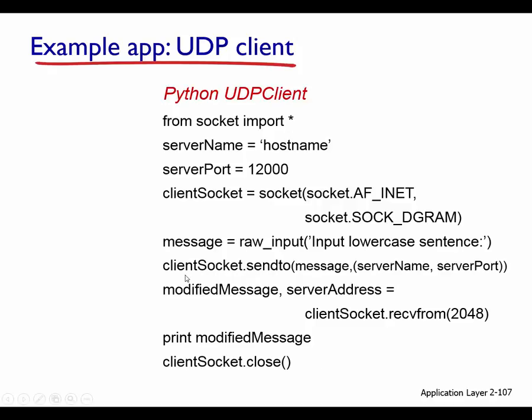You can also see very similar structures in C and in Java as well. But there's going to be a sendto parameter, and you're going to pass it the message, the server name, and the port number.